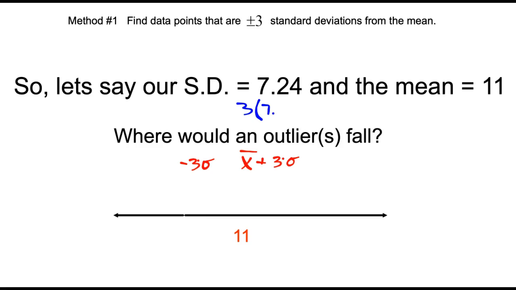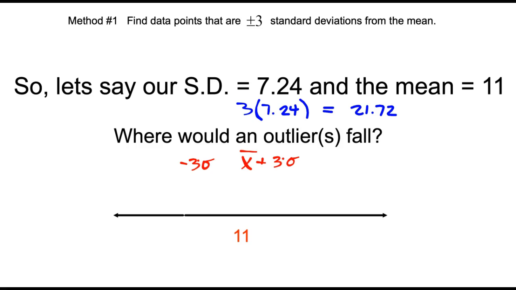It's just the 3 is the rule. It's not the only way to determine an outlier, it's just a customary way. So 3 times 7.24 is going to be 21.72, I believe.